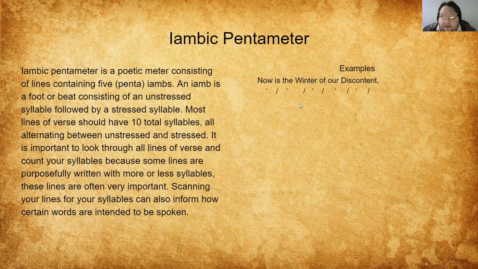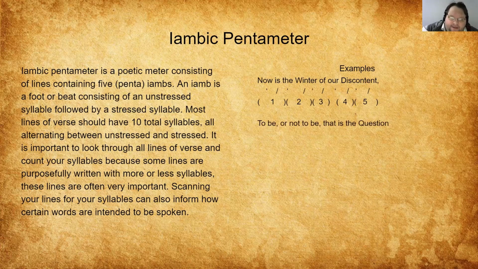"Now is the winter of our discontent." 1, 2, 3, 4, 5, 6, 7, 8, 9, 10. There we can see how I've split it up into the different iambs. So that's what we would call a perfect line of verse. It is exactly 10 syllables, exactly 5 iambs, with the unstressed, stressed going in that order.